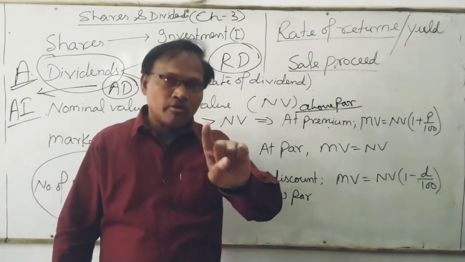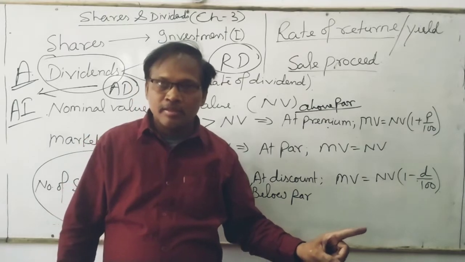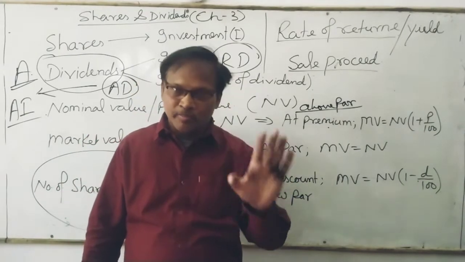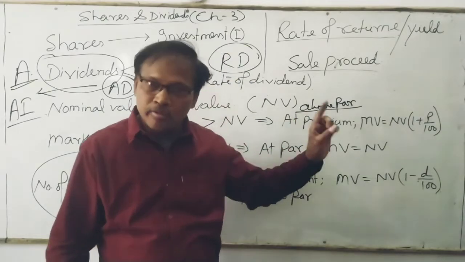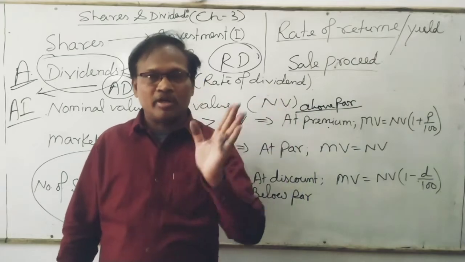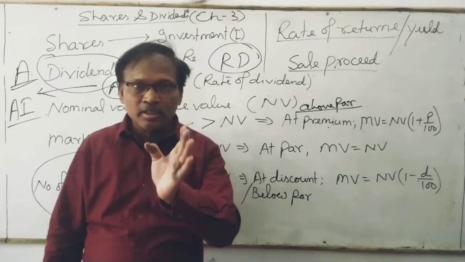That is only on rupees 1000, means only on investment. If you want to find the percentage, it is on investment. So 200 upon 1000 into 100, so it will be 20%.